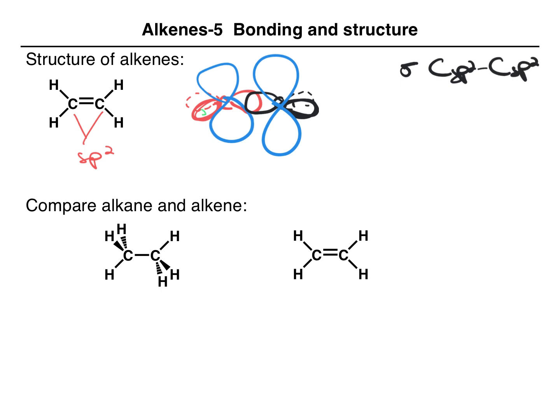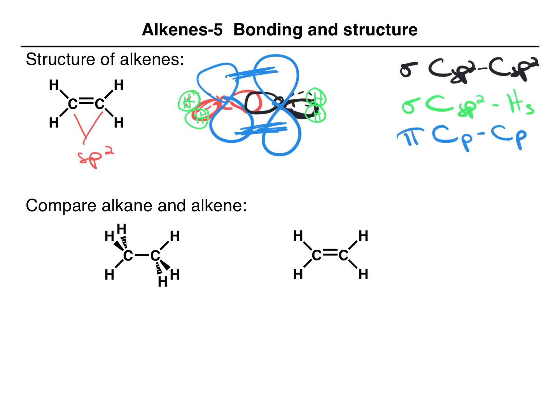Over here, these sp2 orbitals would be overlapped with hydrogens. So that will also give us sigma bonds created by the overlap of a carbon sp2 with a hydrogen s orbital. But we also have our p orbitals that are parallel to each other, and they can be overlapped with each other. And so that gives us a pi bond created by the overlap of a carbon p with another carbon p.